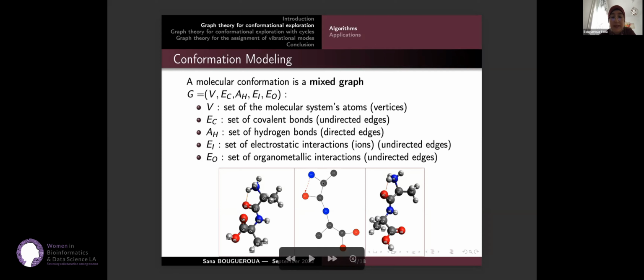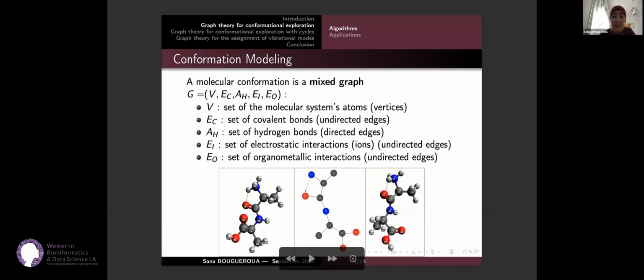And the edges between those vertices represent the different bonds or interactions. We have designed this algorithm in a way that we can extend it to any type of bond or interaction, so we distinguish between the different types. That's why I have several sets here: for example, a set of covalent bonds, a set of hydrogen bonds, and electrostatic interactions.